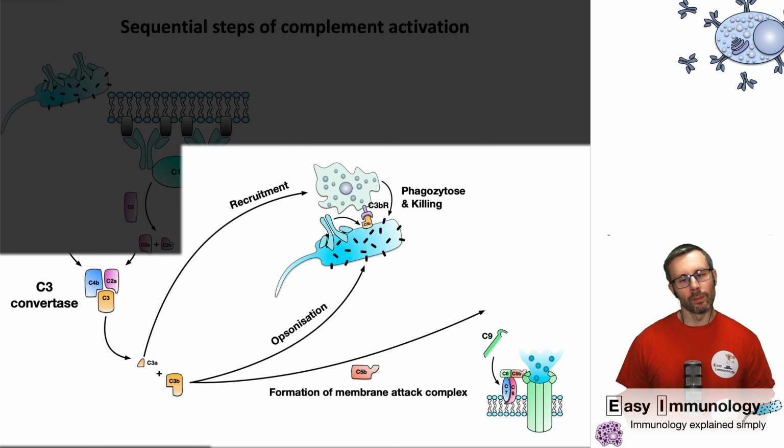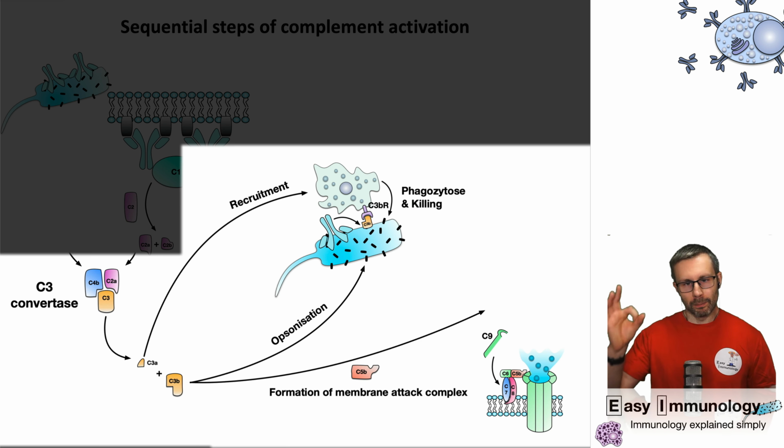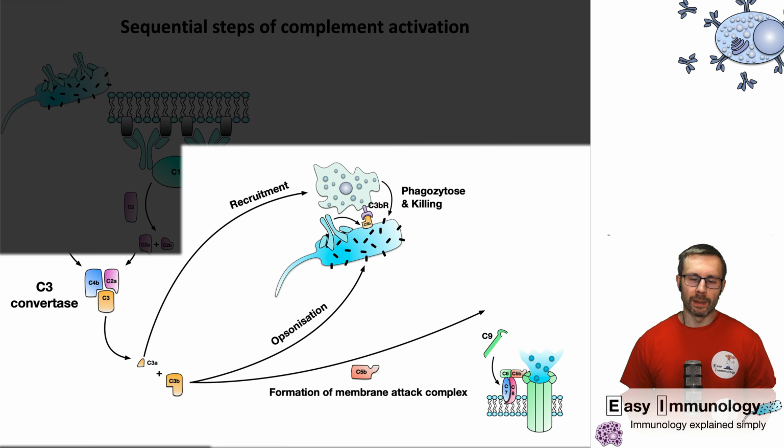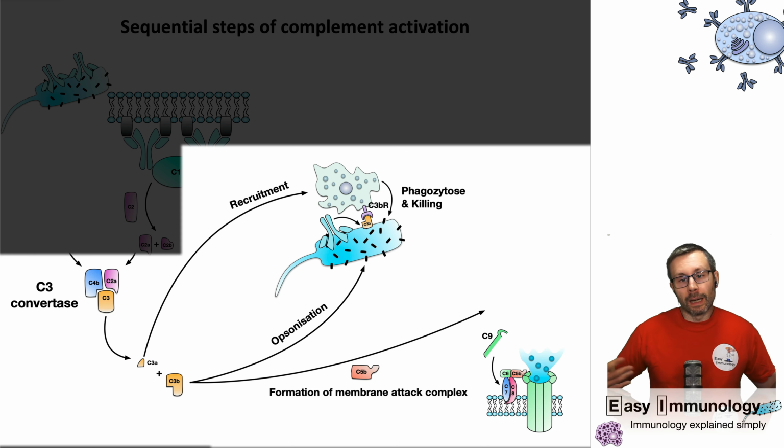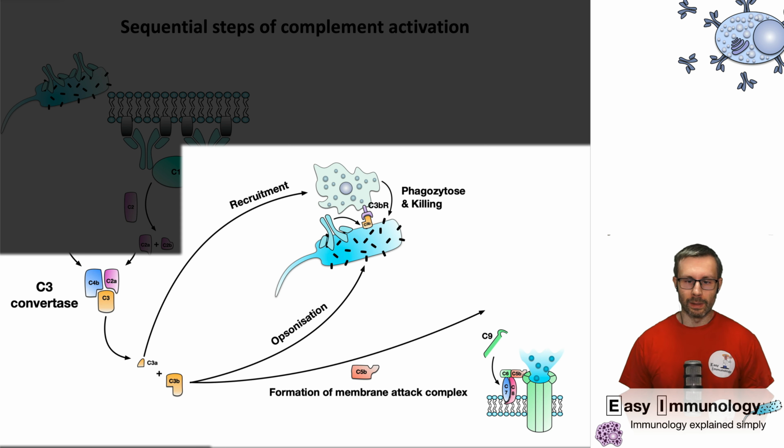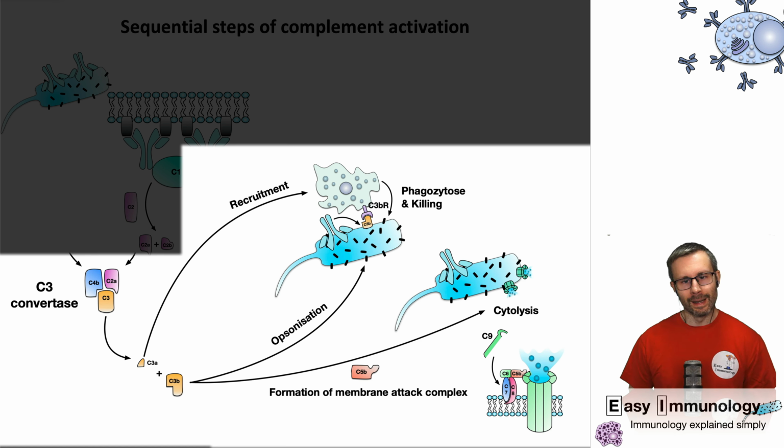And this is a pore-forming protein. So we poke small holes into the outer shell of the bacterium, and then the inner parts of the bacterium will flow out uncontrollably, and this leads to the death of the bacterium. So this is called cytolysis.